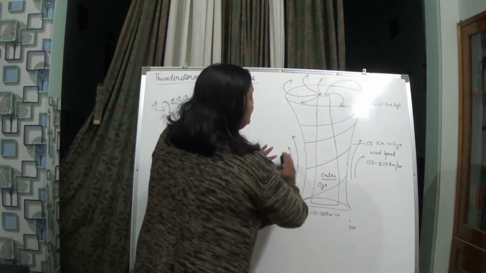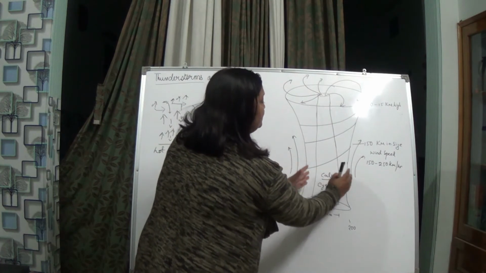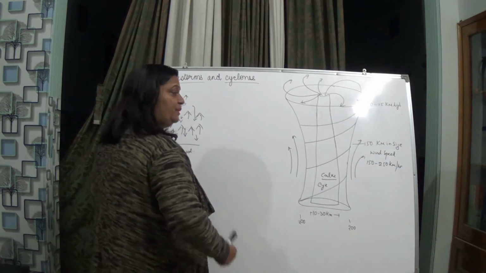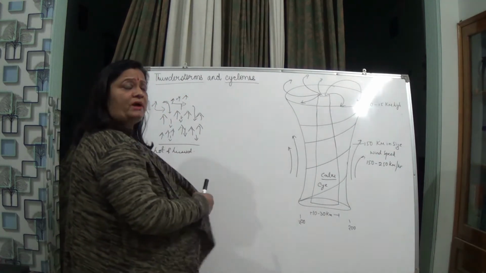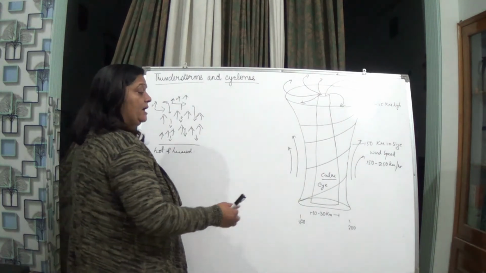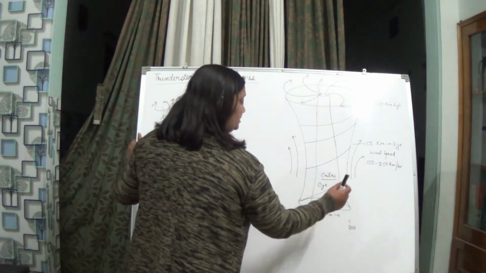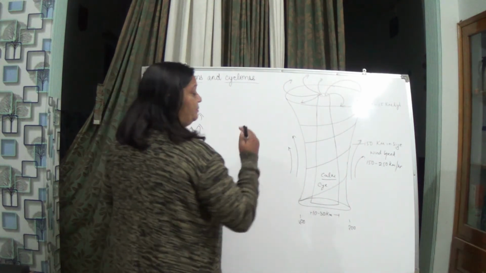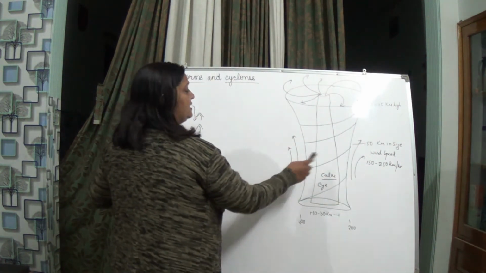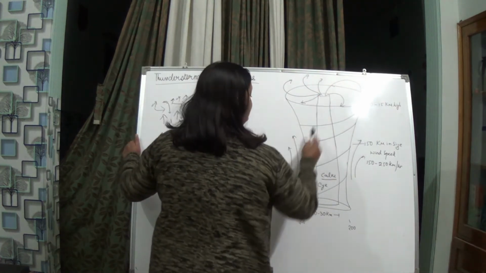But beside this eye, around the center of this cyclone, the speed of the wind is too much. It is 150 to 250 kilometers per hour. This eye only consists of 10 to 30 kilometers. But beside this eye, you can see strong wind currents are there.